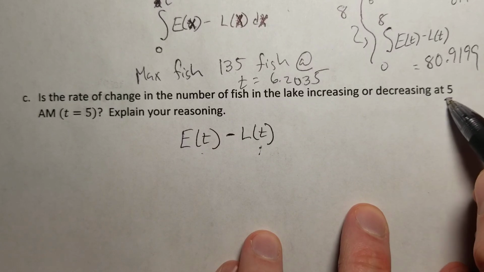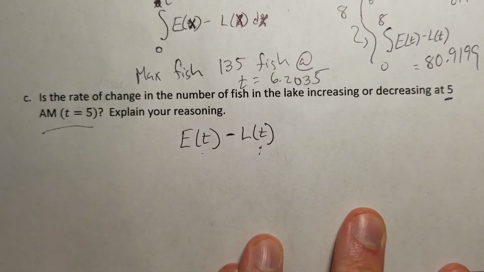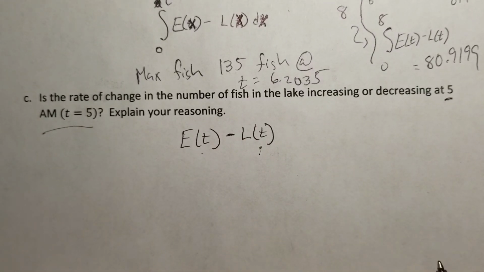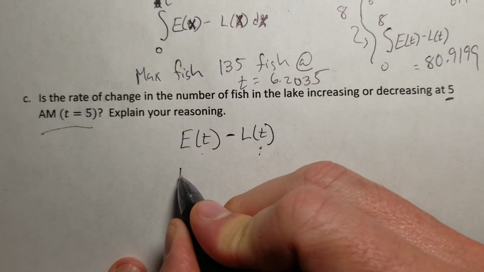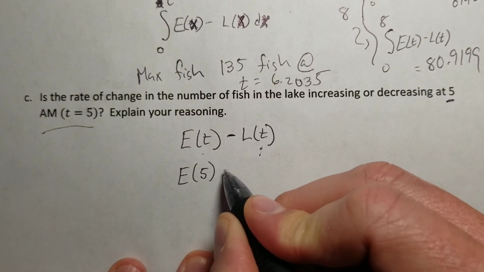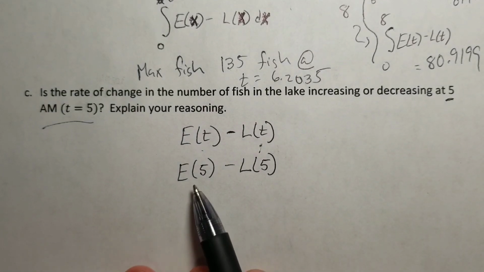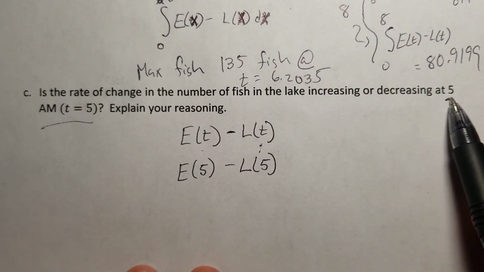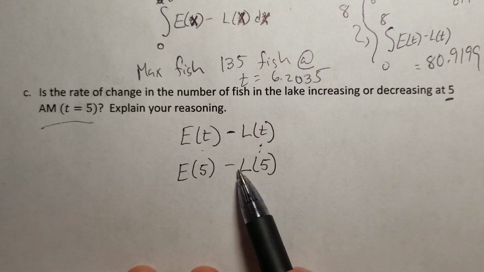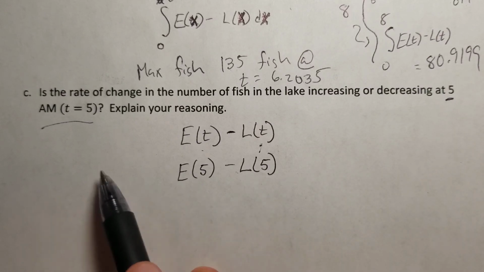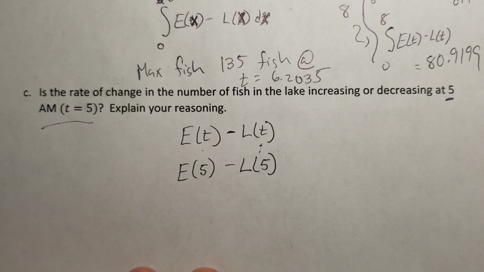And for this one, I want this at a very specific moment in time. I want t equals 5. So I'm going to go E of 5 minus L of 5. I want the fish entering the lake at this specific moment in time minus the fish leaving the lake at this specific moment in time.